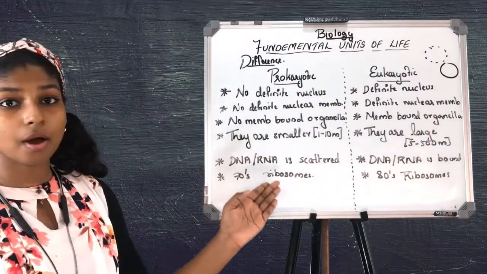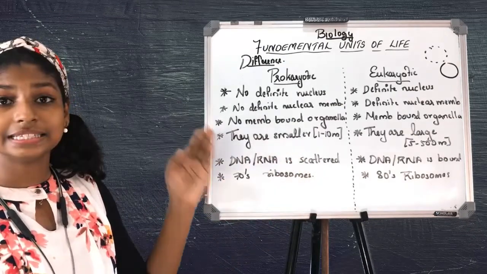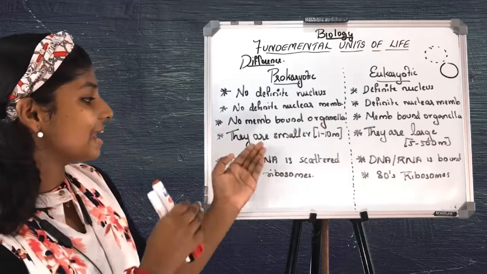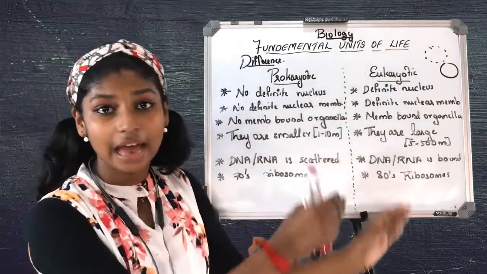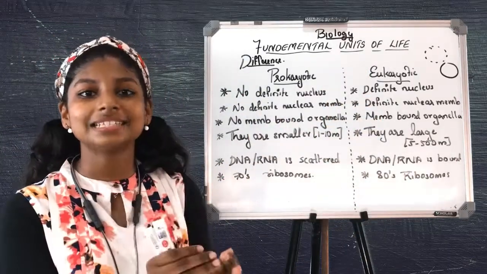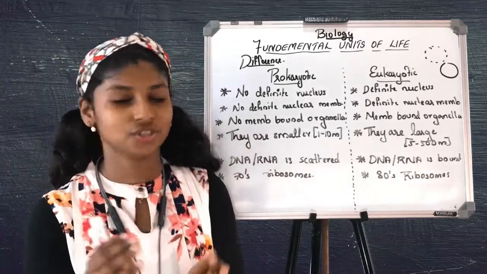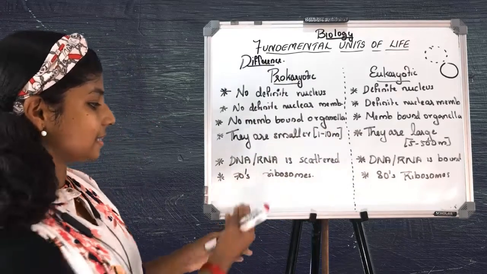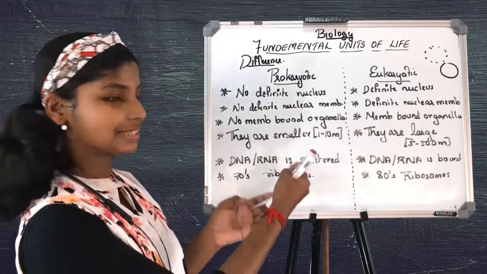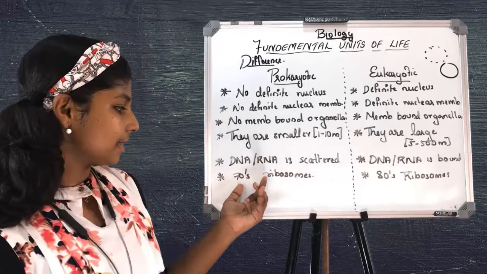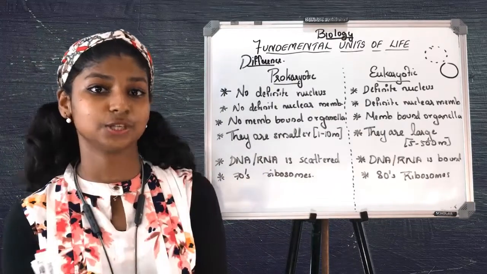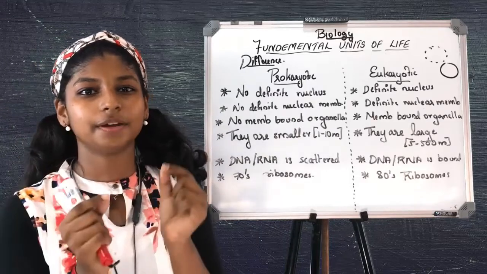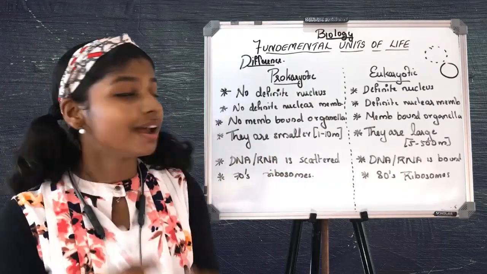DNA and RNA, the genetic materials, are scattered in the amorphous surface or nuclear region. And the last one is that they have 70S ribosomes. Here the S is the Svedberg's unit, and ribosomes are small, round organelles.